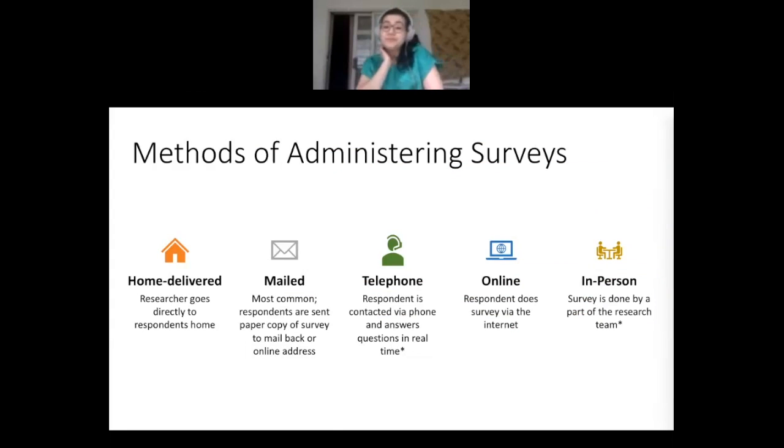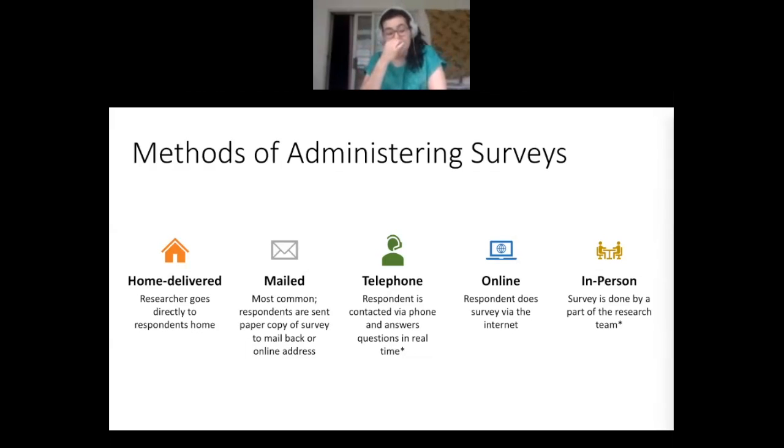So there have been a ton of different methods of administering surveys. The oldest are the home delivered surveys, where researchers would go physically to someone's house and ask them to participate in this research project and give them a questionnaire and then say, oh, I'll come back in a couple of days to pick it up.